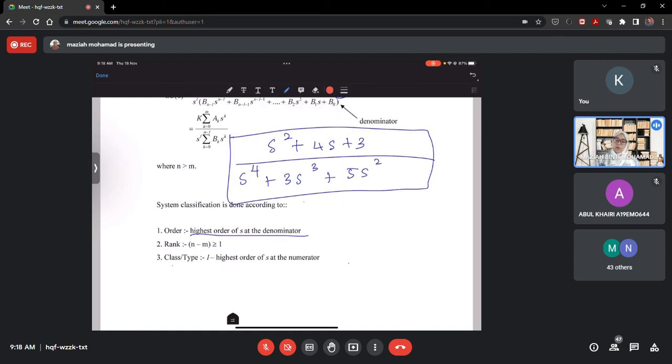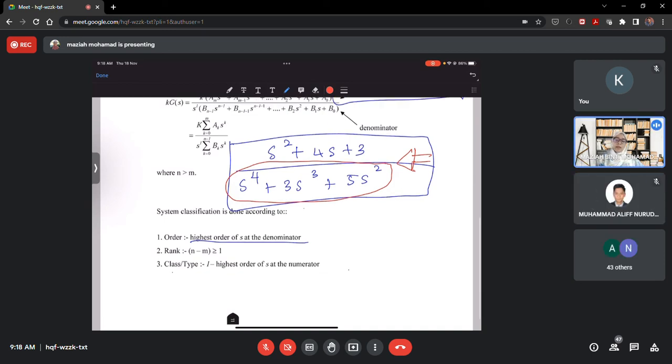So for this transfer function, we look at the denominator. What is the highest order there? Four. The highest order is at the first term, so the order is 4.